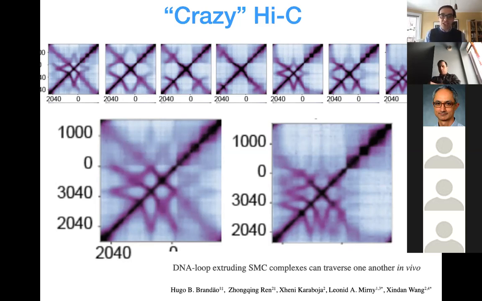These are engineered bacterial strains, engineered such that loop extruders are loaded at various places in the genome. And as a result of interactions between these loop extruders, in this case actually bypassing each other, so they can meet and bypass, you get all these crazy patterns. So if you're into crazy Hi-C, you should absolutely check out this bioRxiv paper.